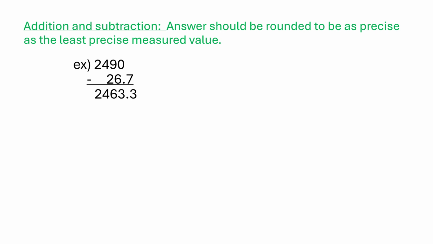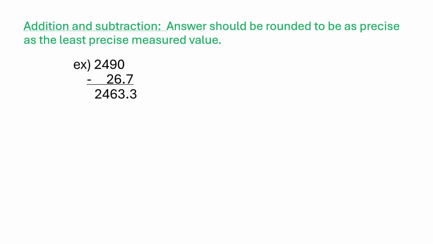But this time it's not about counting up sig figs. We have a different rule when we do addition and subtraction. We're not concerned with how many sig figs, we're concerned with how precise each value is. And what that means is, where is the last sig fig in each number? In 2,490, the 0 is just a placeholder. So the last sig fig is in the tens place, right?